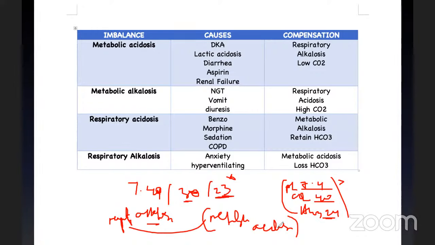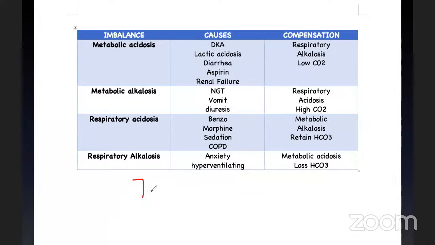Metabolic acidosis should go down. It's still 24, 23. It's a normal range. And therefore, I know this is not compensated. At the same time, the pH is not normal. This is how you do it. So this is just a respiratory alkalosis, uncompensated, because I don't see metabolic acidosis. Just straightforward, right? So that's that one.